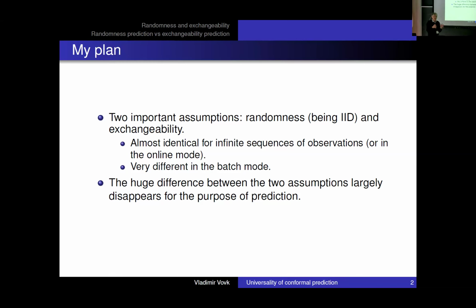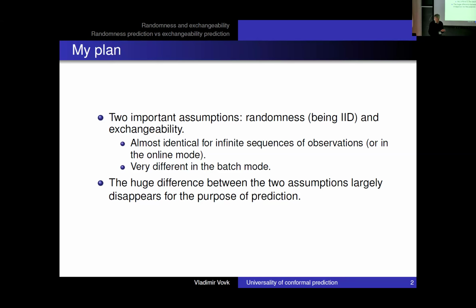These assumptions are very, very different in the situation I'm interested in, batch prediction. So you might suspect that because of this difference, maybe conformal prediction is losing something. It doesn't use the full power of randomness, so maybe you can do something better.